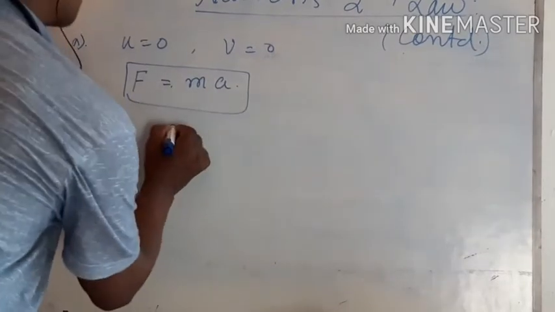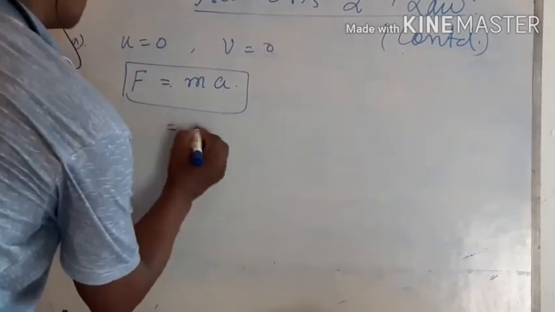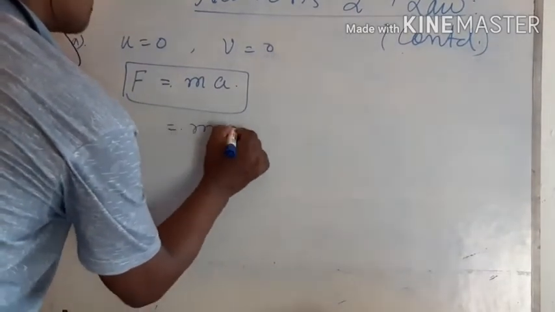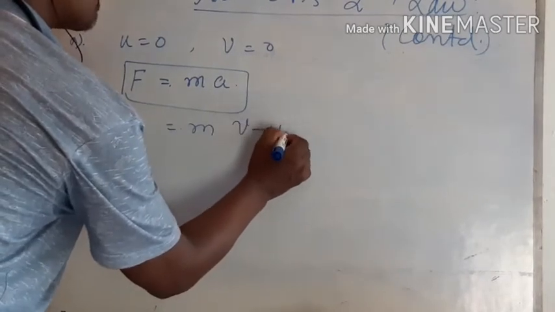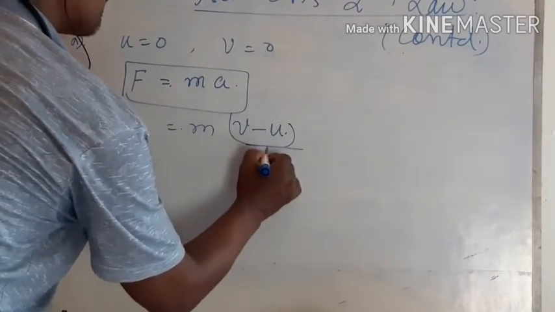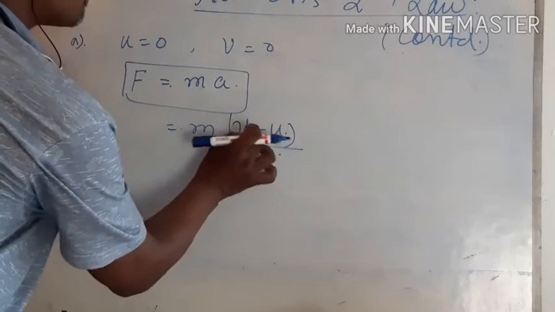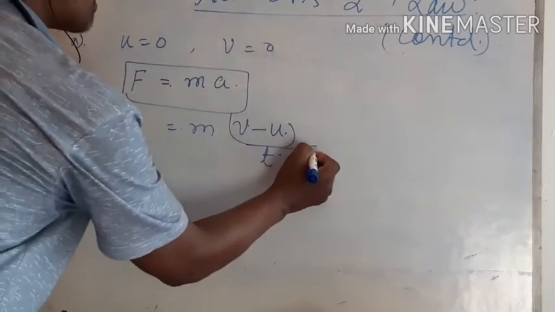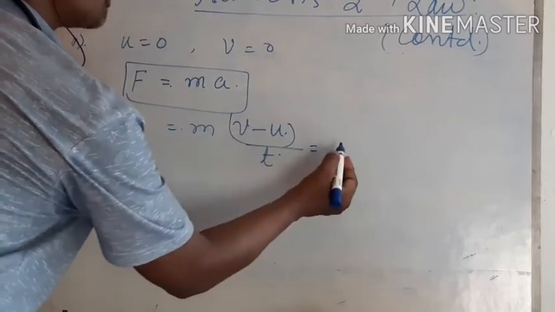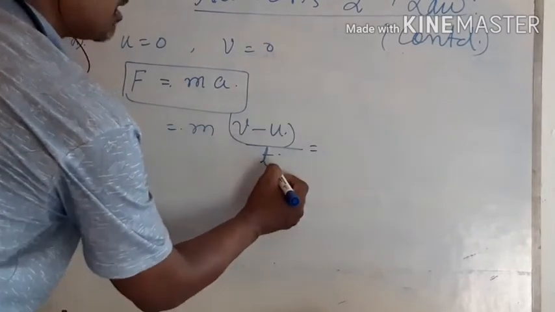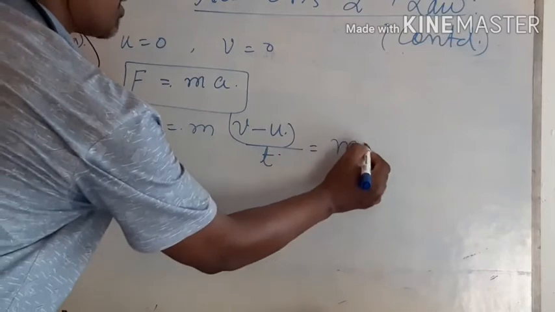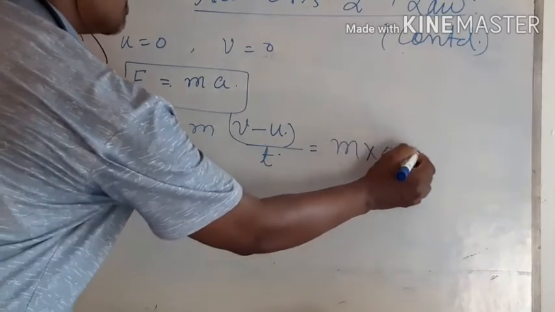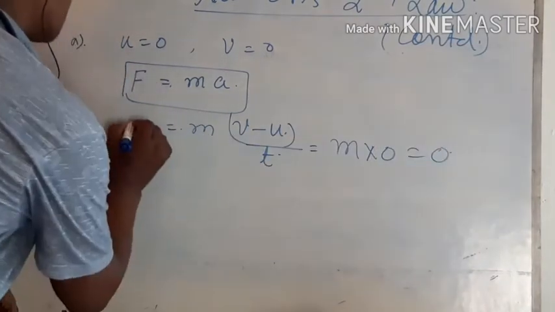Now, what is acceleration in this case? The acceleration formula is (v minus u) upon t. Since u remains 0 and v remains 0, v minus u is nothing but 0, and 0 divided by time is 0. So m multiplied by 0 is nothing but 0.